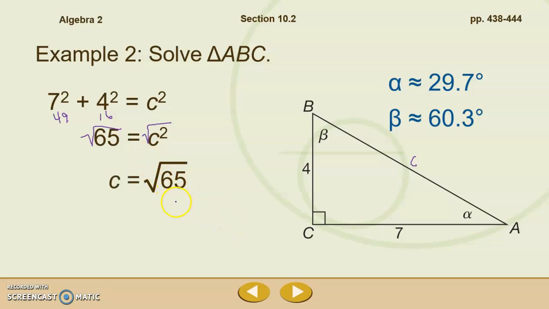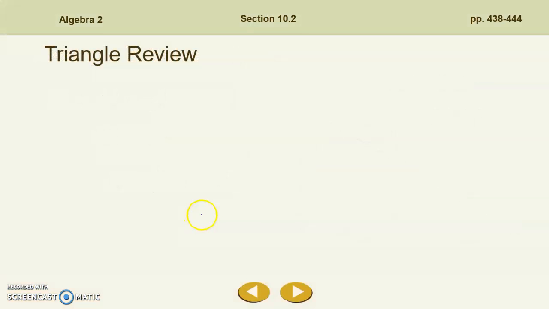I'm going to see if I can simplify that any more. Thinking about it, are there any perfect squares in there, like 4 or 9 or 16? There aren't any perfect squares, so we're going to either put the square root of 65, or if we're asked to write it as a decimal, we can write 8.1. 8.1 is our measure of that side.